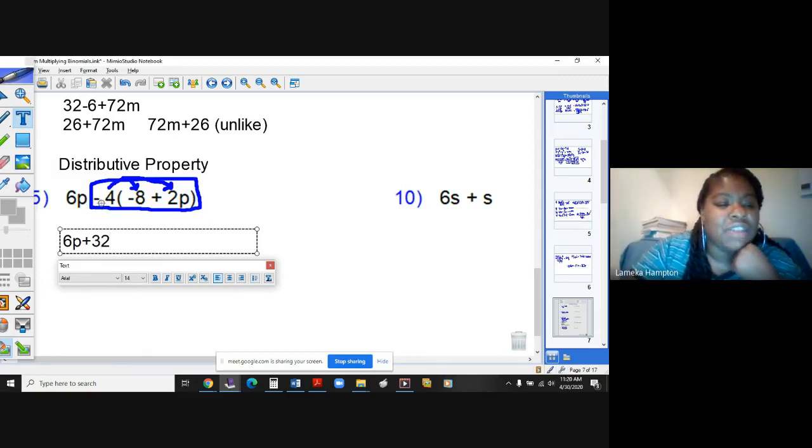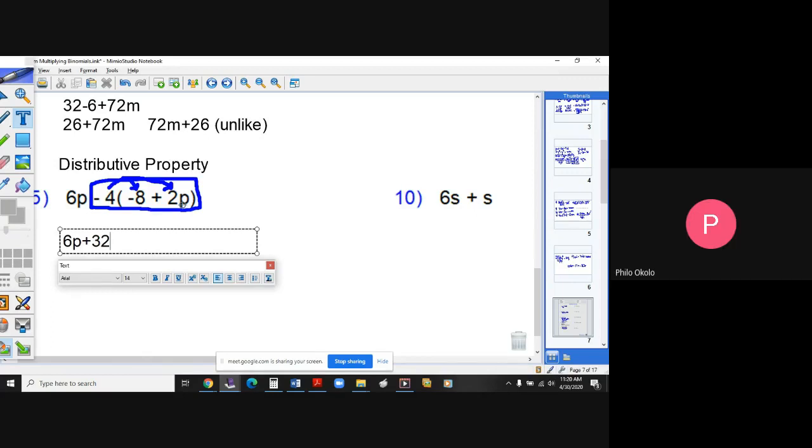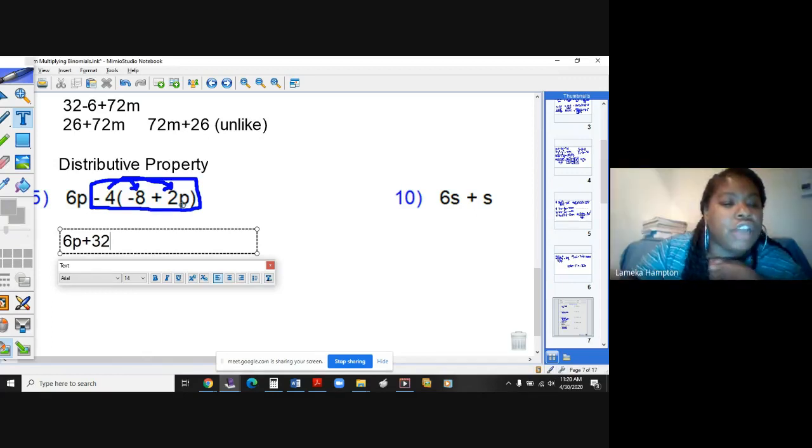Now, when I multiply this -4 times this +2p, that's going to give me a what? Not -2. Remember, we're multiplying -4 times a positive 2. -8.